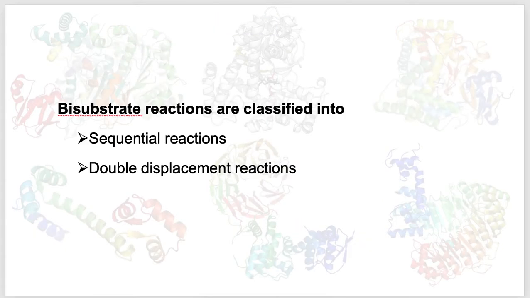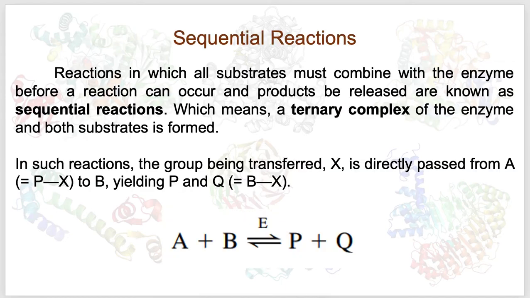Bisubstrate reactions are classified into two types: sequential reactions and double displacement reactions. The double displacement reactions are also called ping pong reactions. First we'll learn about the sequential reactions.